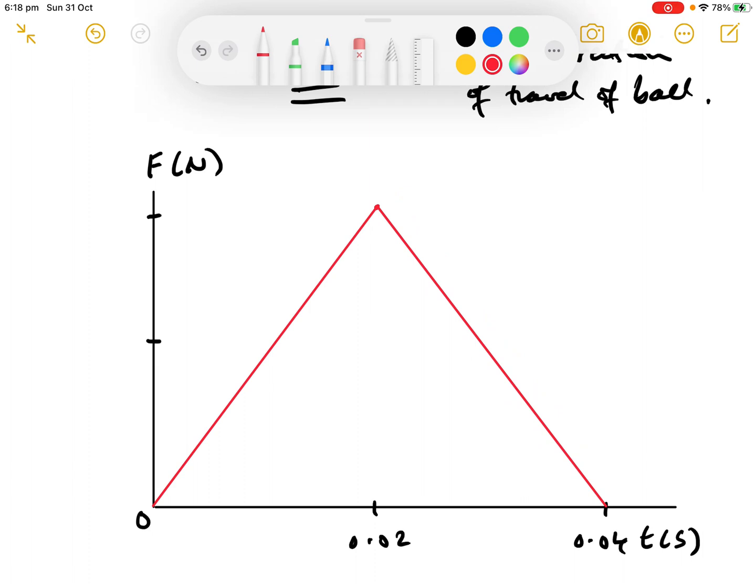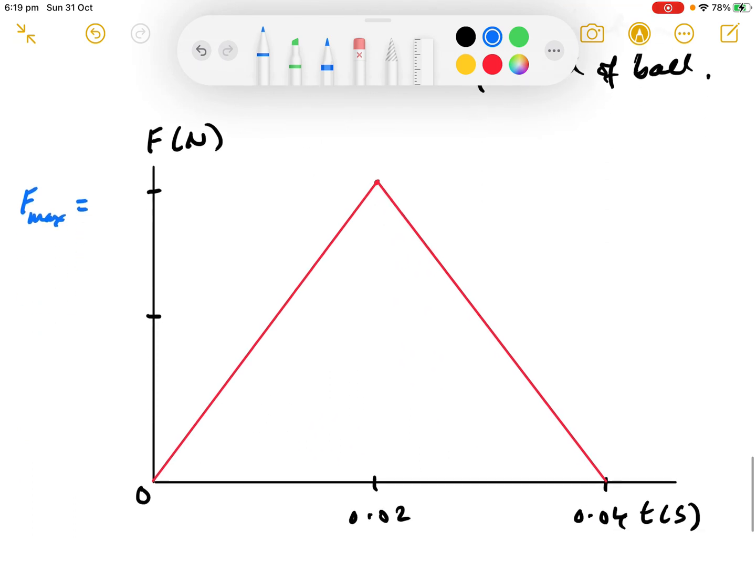Well, that F max, which is here, would have to be 400 newtons. Why so? Well, if the average F bar is 200, because it's a linear graph, that will always be half whatever F max is.